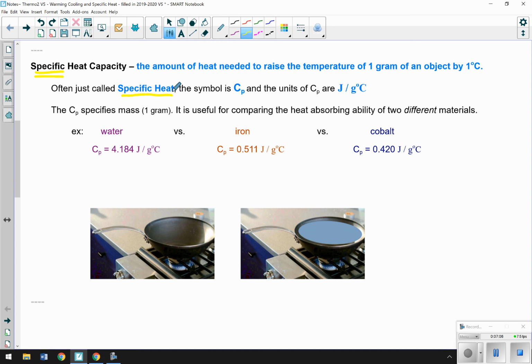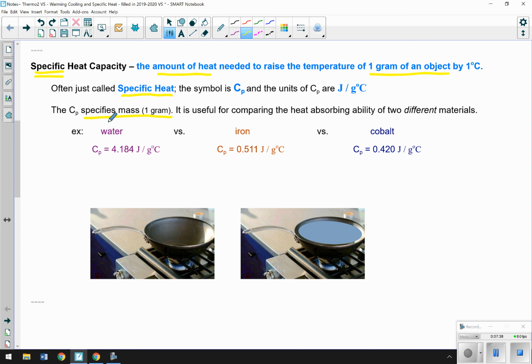It's defined as the amount of heat needed to raise the temperature of 1 gram of an object by 1 degree C. That definition is very much like the definition of heat capacity, but specific heat specifies the mass. It's how much energy it takes to raise 1 gram of an object by 1 degree C.